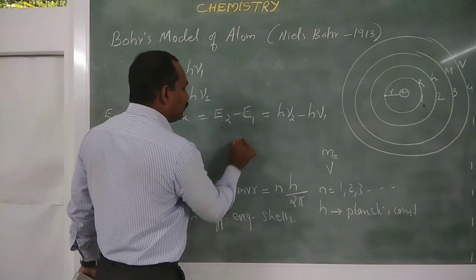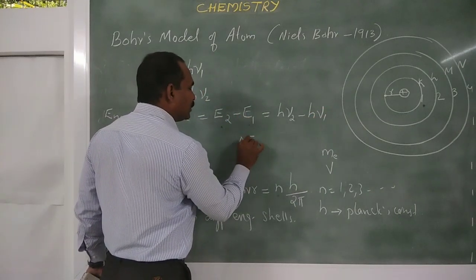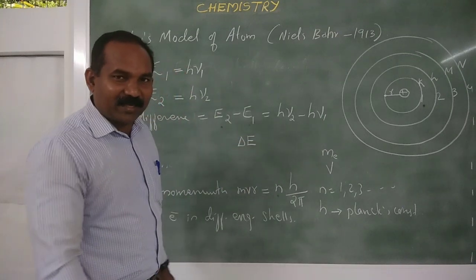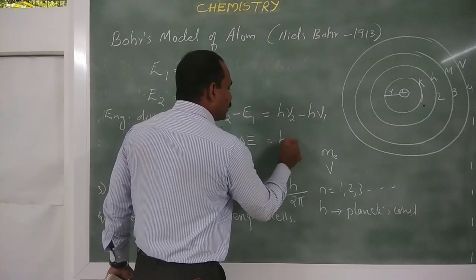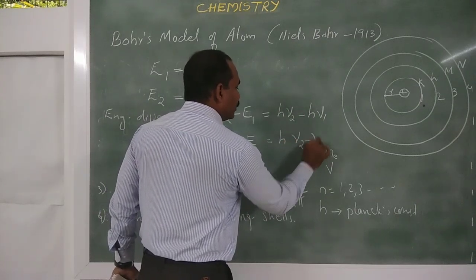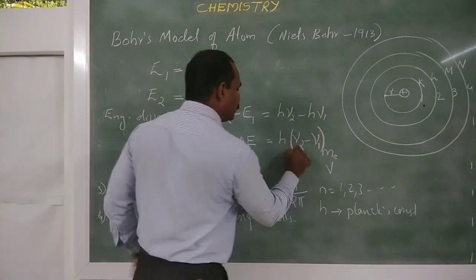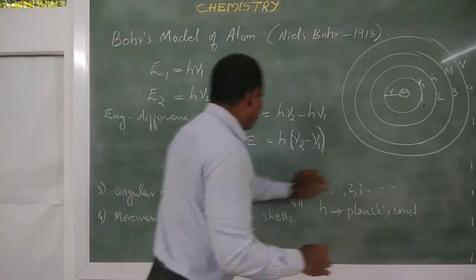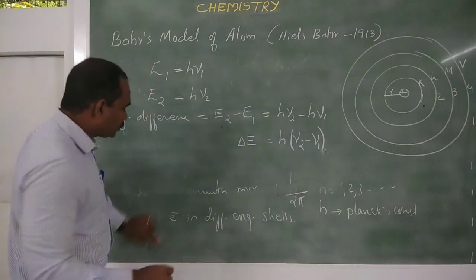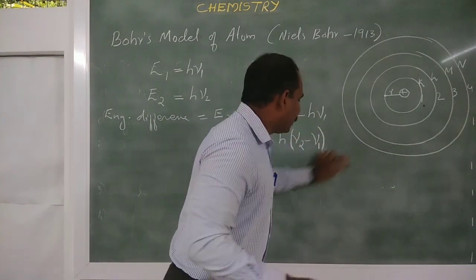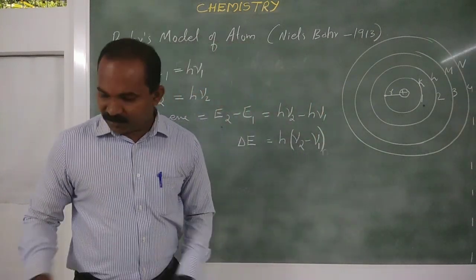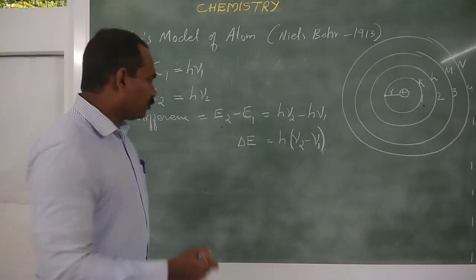E2 minus E1 is written as delta E, the change in energy. Then h is common: h times nu 2 minus nu 1. h is equal to 6.62 into 10 raised to minus 34, which is known as Planck's constant.